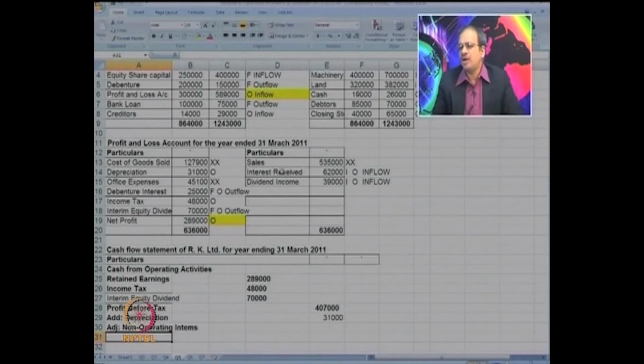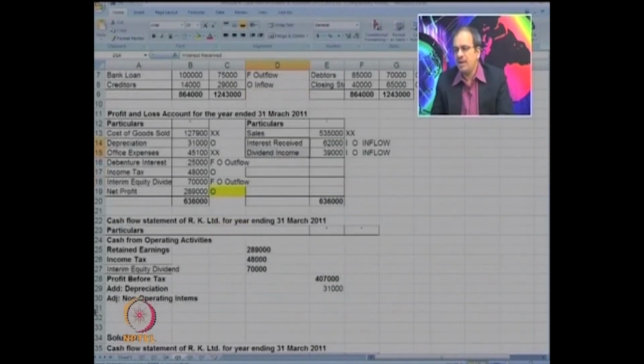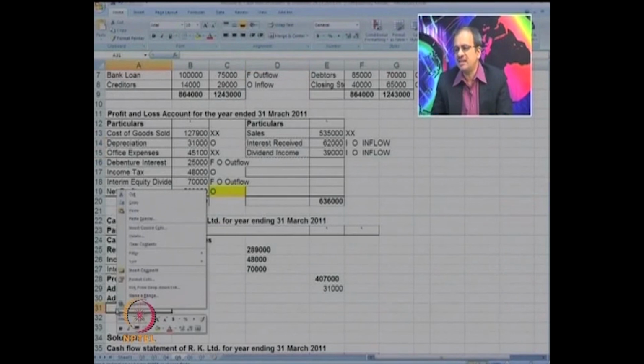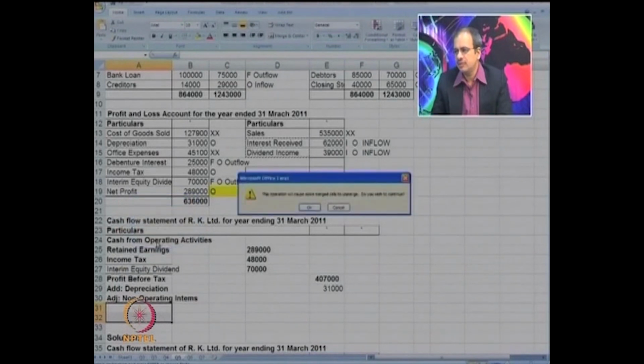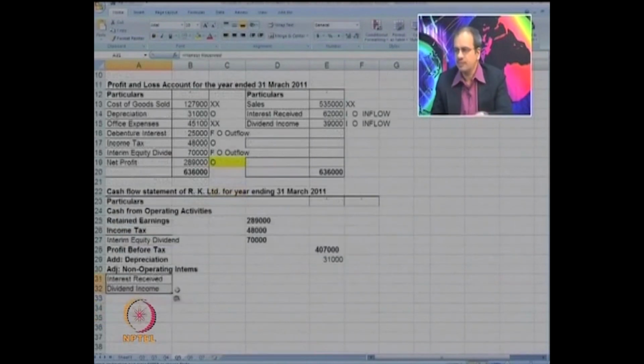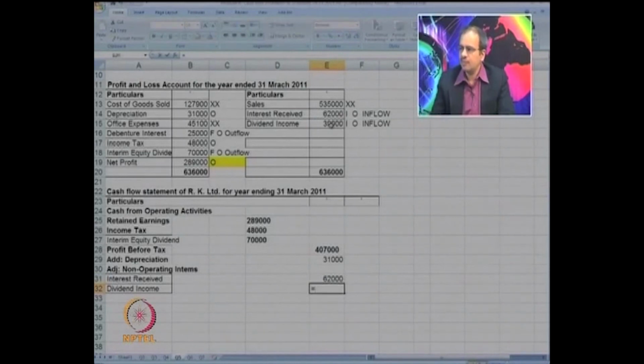You will see that on credit side we have interest received and dividend, which are received, but actually they do not represent the P&L items. So the amount of 62 and 39 is taken.